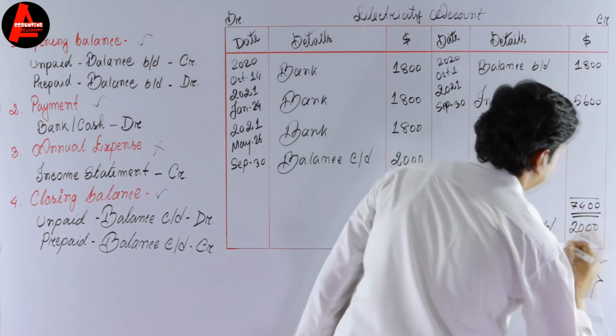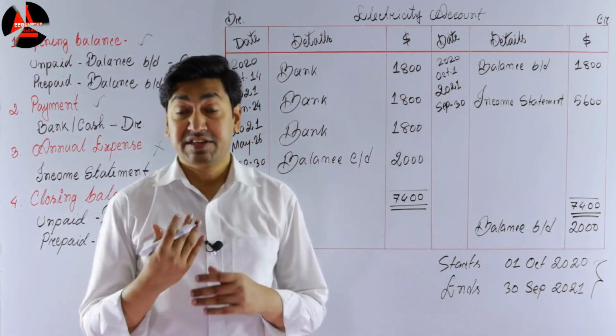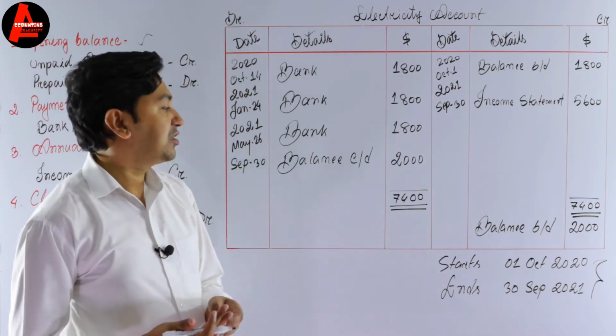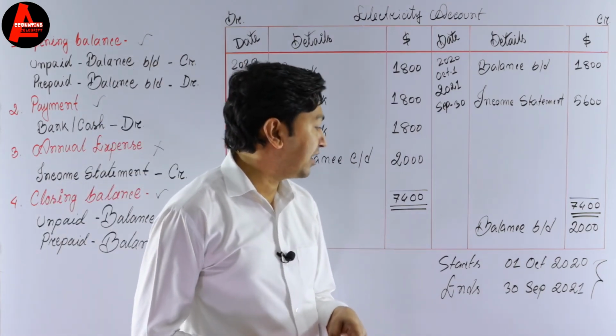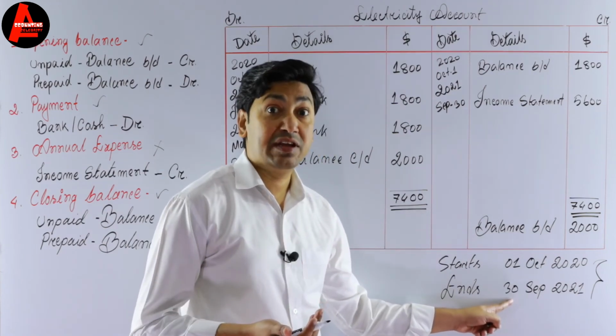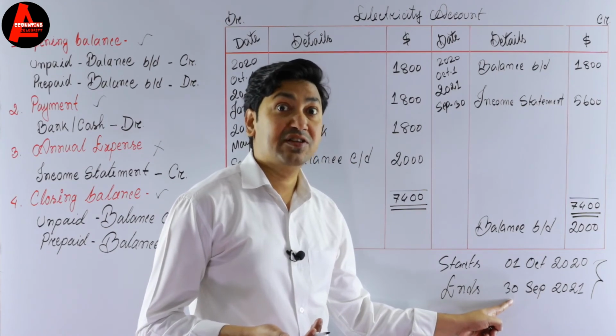The date for balance b/d is always the first day of the next accounting period. So here the financial year ended on 30 September 2021, so the new financial year will start on 1st October 2021.